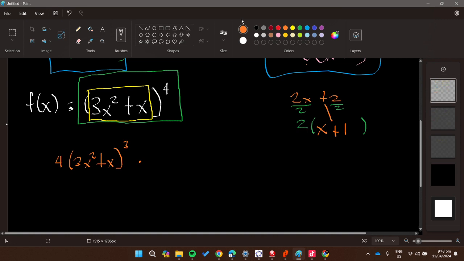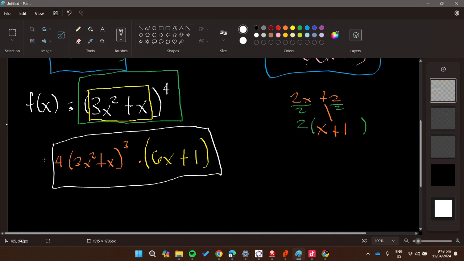The derivative of the inside. Ano yung derivative ng 3x squared? That is just 6x, right? And then, plus the derivative of x, that is just 1, right? So, ito yung ating sagot. If you want to simplify this one, please do simplify.